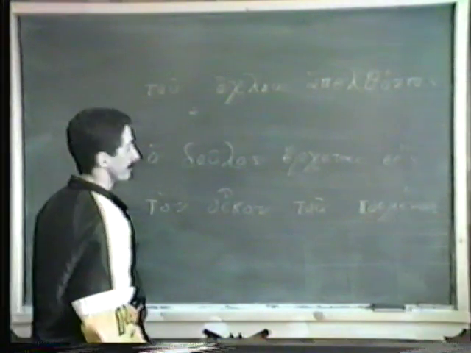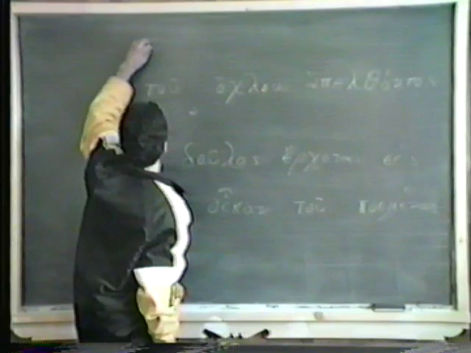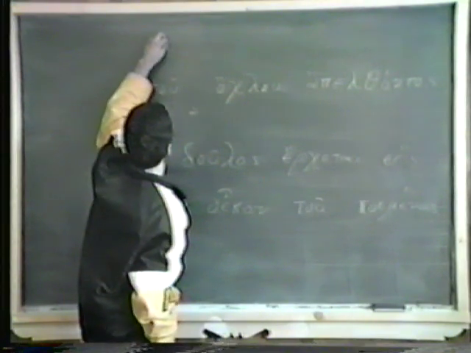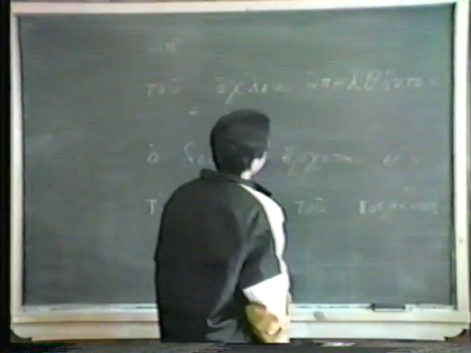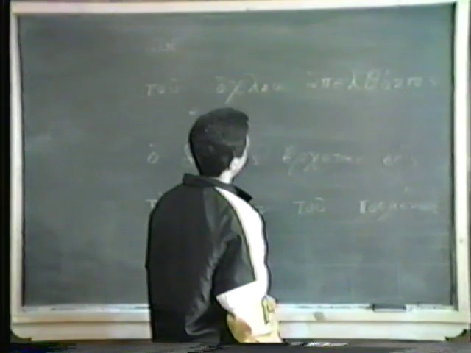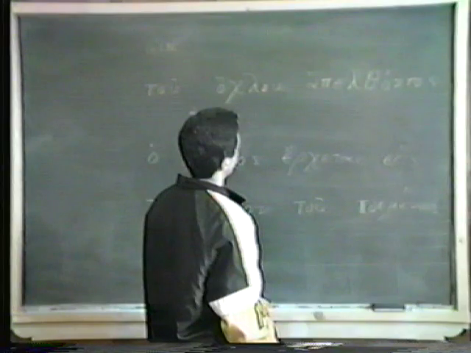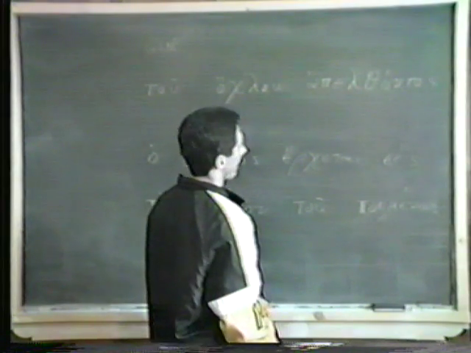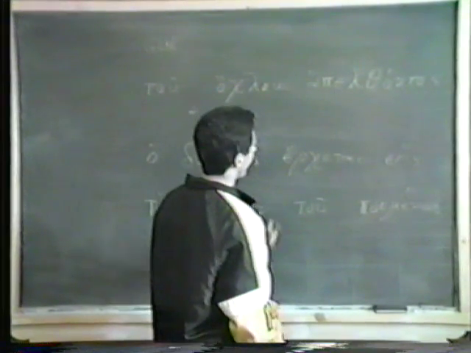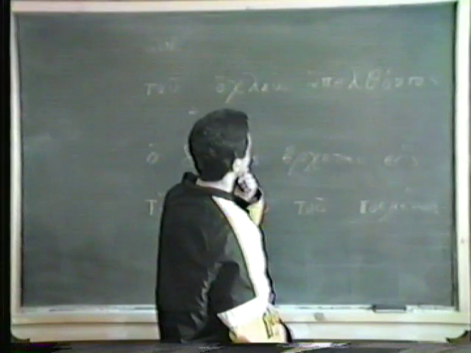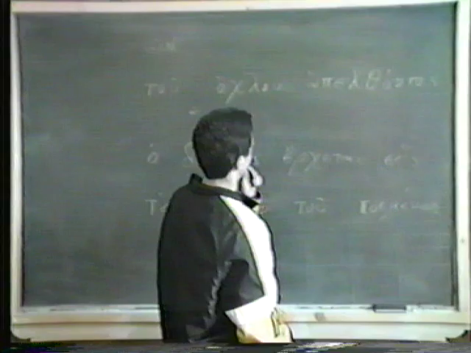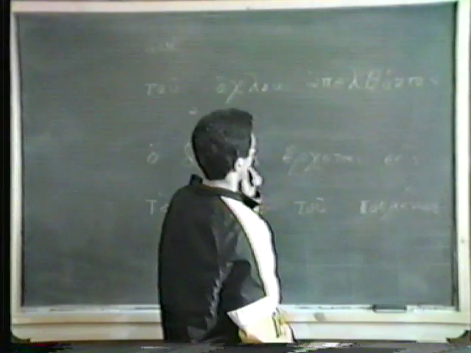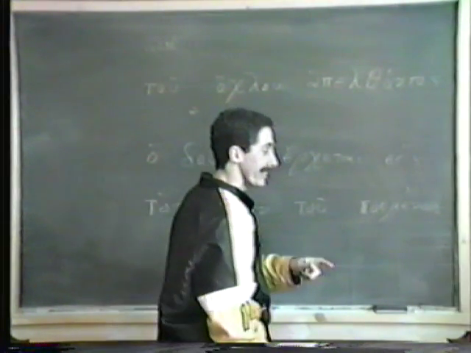Genitive? Genitive. All right, put above that genitive. G-E-N is good enough. Now then, I want you to tell me the case of apelthontos. Aorist participle? No, the case. Not the tense, but the case, because you know a participle has both. Genitive? All right, put genitive above it.